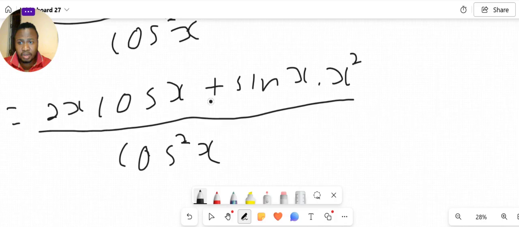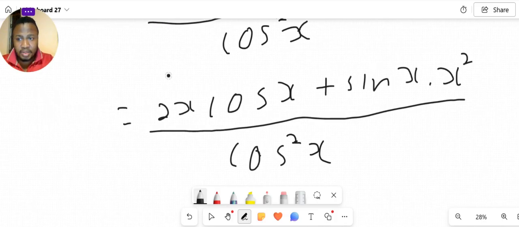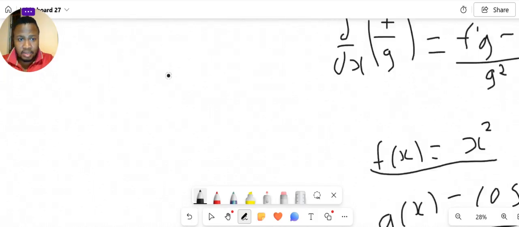So basically that's it with the quotient rule. That's it, the quotient rule, and then let's move on from it.